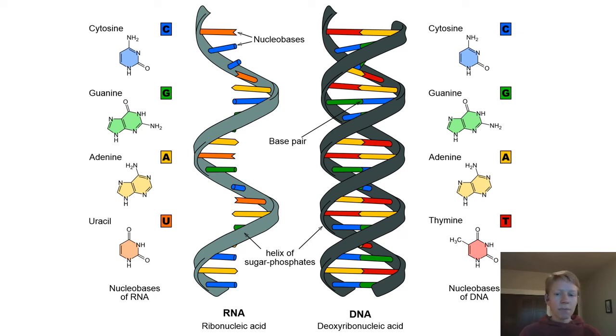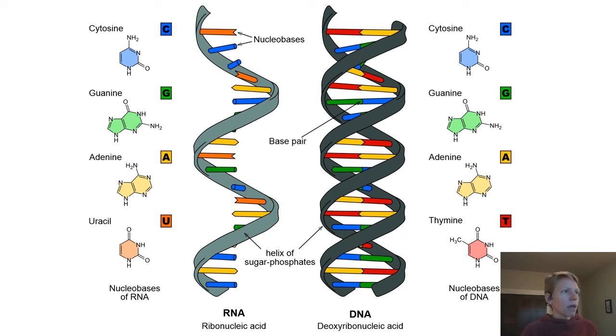So one of those major differences that probably pops out at you right away is that DNA is made up of two strands, and they're held together in the middle with those hydrogen bonds between the bases. RNA is just a single strand, so it still has a sugar-based backbone, and it has nucleotides sticking out towards the center, but they don't have any of those complementary nucleotides, bases on the other side, so there's not a double strand.